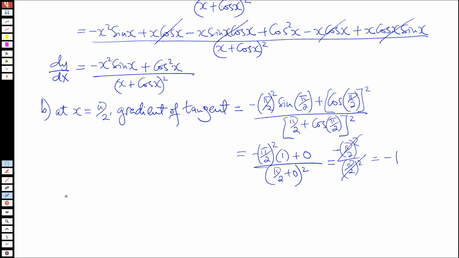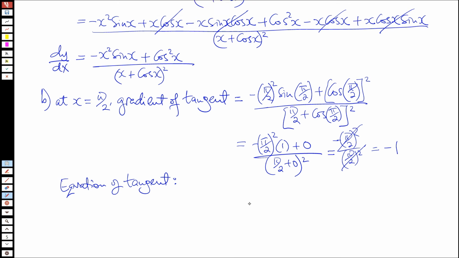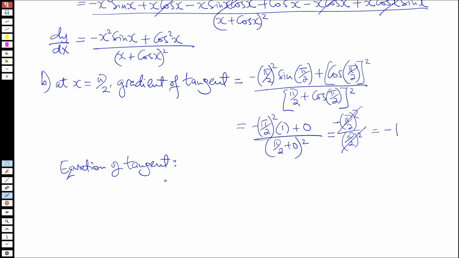So we can now find the equation of the tangent. It can be found using the point slope formula. So y minus y1 will be equal to m into x minus x1.